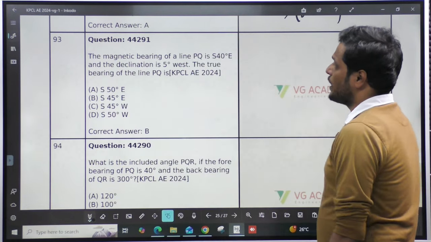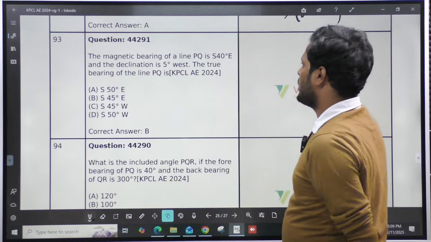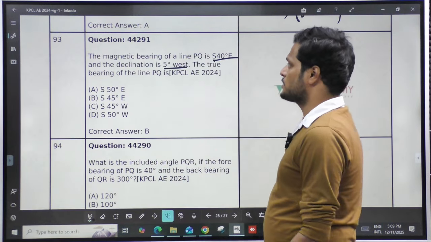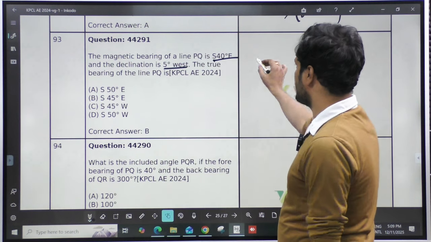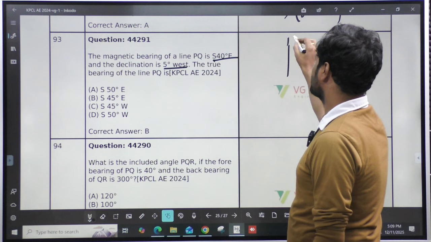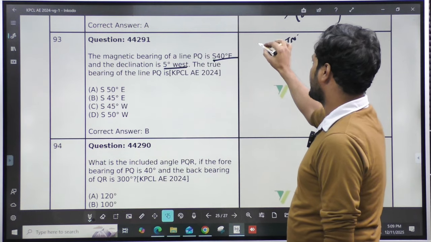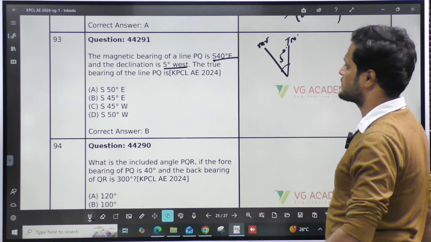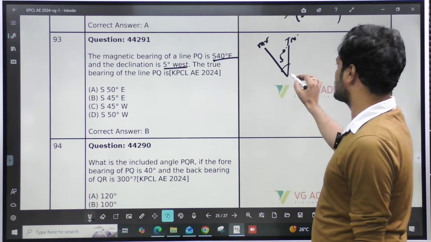The magnetic bearing of a line PQ is south 40 degrees east and the declination is 5 degrees west. The true bearing of the line PQ will be? So the first step is to draw the true north, only then you draw the magnetic north using the declination. This first step is very important to get the exact position of true north and magnetic north.